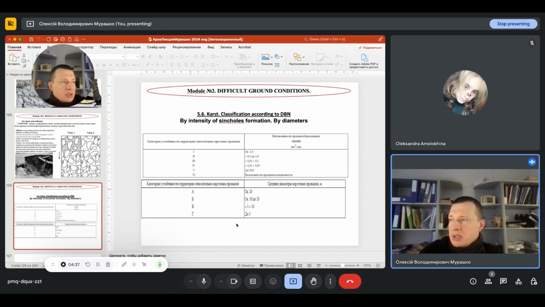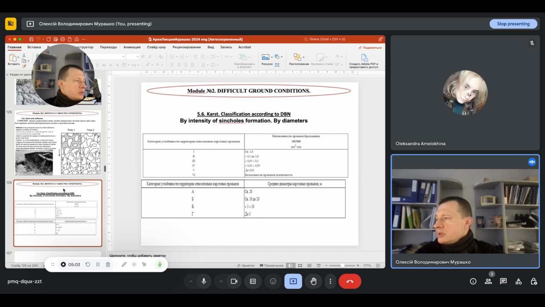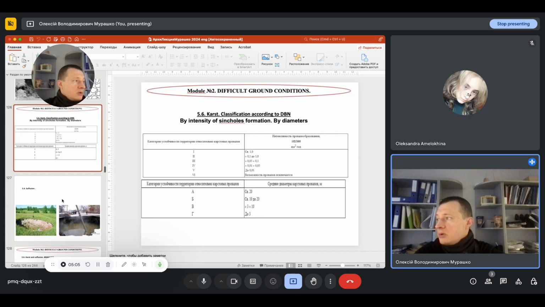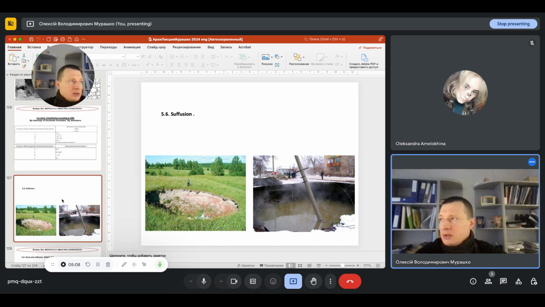The next classification is related to the size of the karst sinkholes, and the worst case scenario is the biggest, with a size of more than 20 meters. So you have to know that the first category and category A are the worst when we are considering these difficult ground conditions.